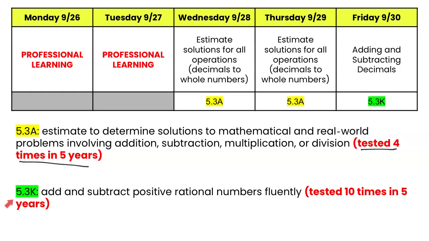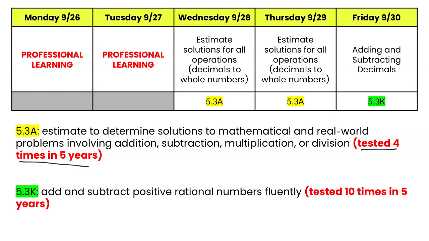For example, 5.3K has students solving problems where they have to add and subtract positive rational numbers fluently. You'll see that that TEK has been tested 10 times in the last 5 years, and if you look through the released items for each of those years, what you'll notice is that if students can master the idea of estimating to determine their solutions in TEK 5.3a, then they're going to be able to eliminate some wrong answers whenever they come across a question in 3K.